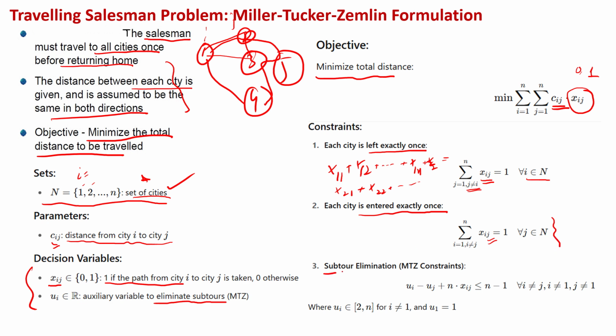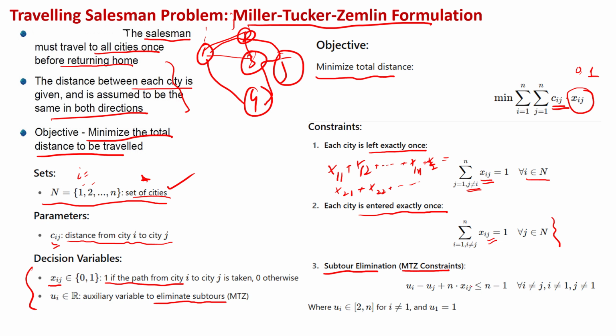And then we have the subtour elimination constraint, which is known as the MTZ constraints. Here we have a dummy variable, which is u_i. You can also say that this u_i indicates the route order.